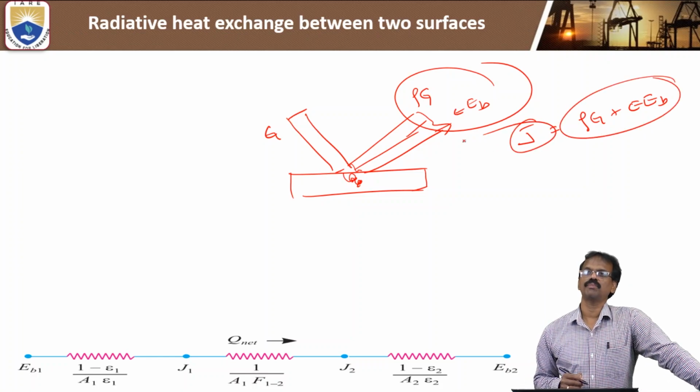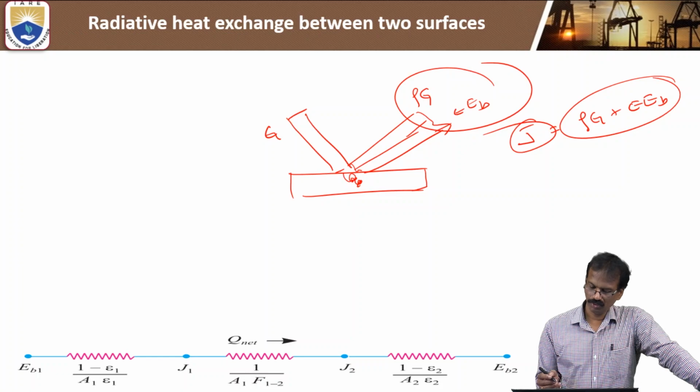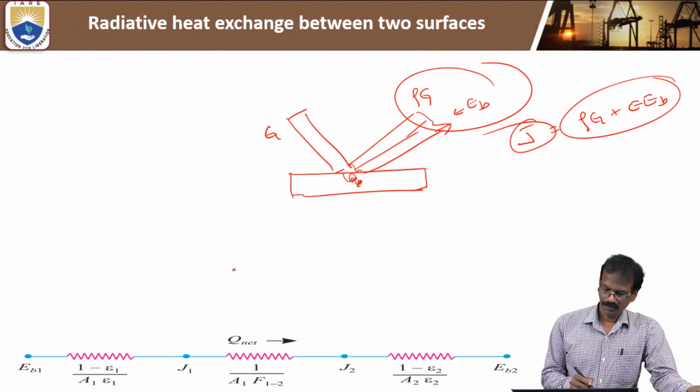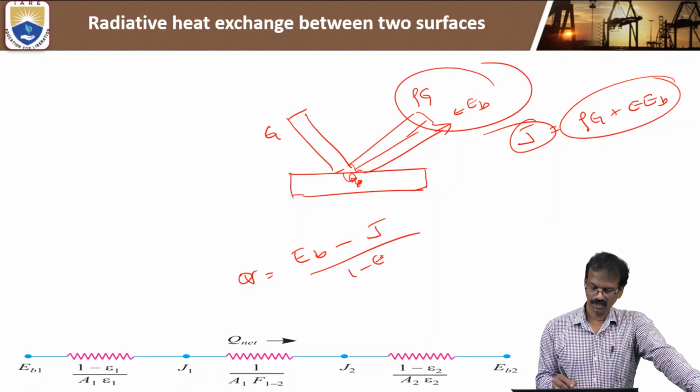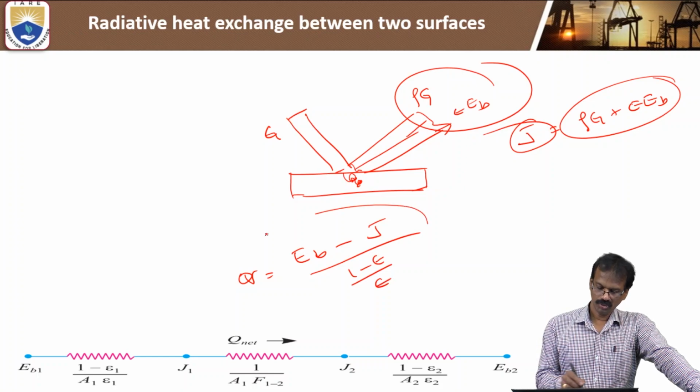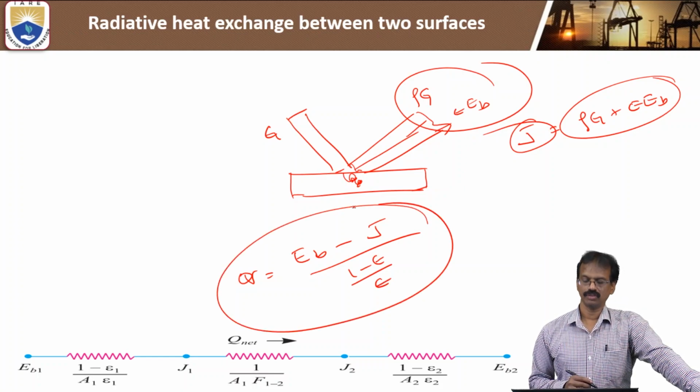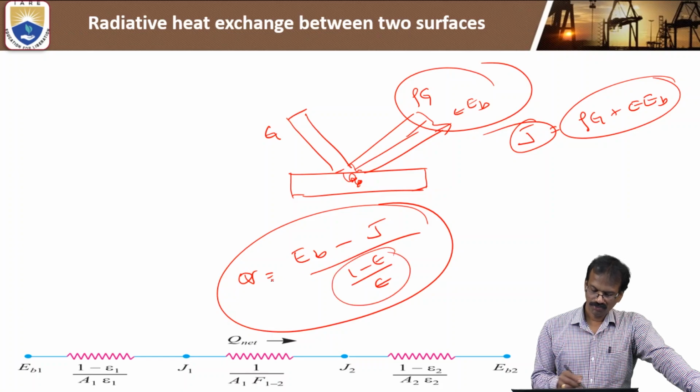To derive this formula, the rate of heat transfer in this surface we already derived in the previous class, that is Eb, the total emissive power, minus radiosity J, divided by the surface resistance, 1 minus epsilon by epsilon. So this was derived in the previous class. 1 minus epsilon by epsilon shows the surface resistance.